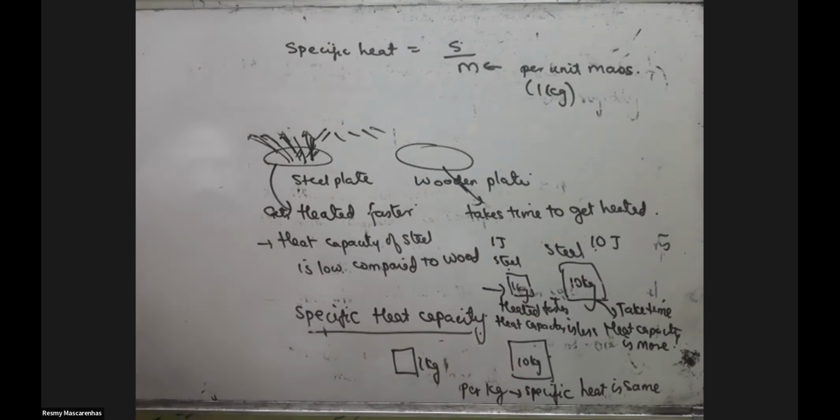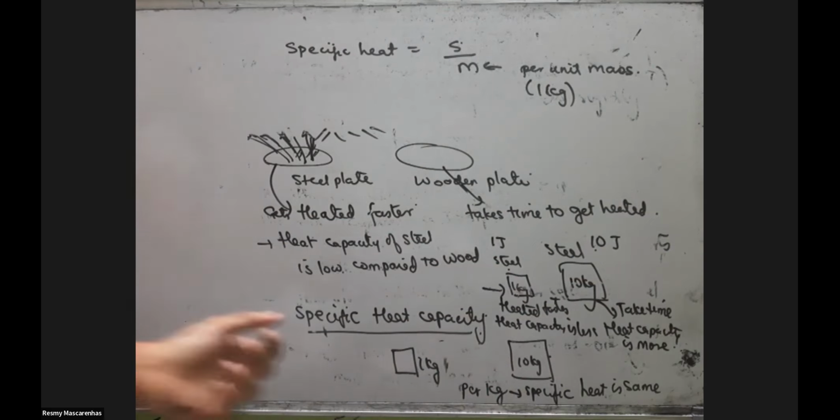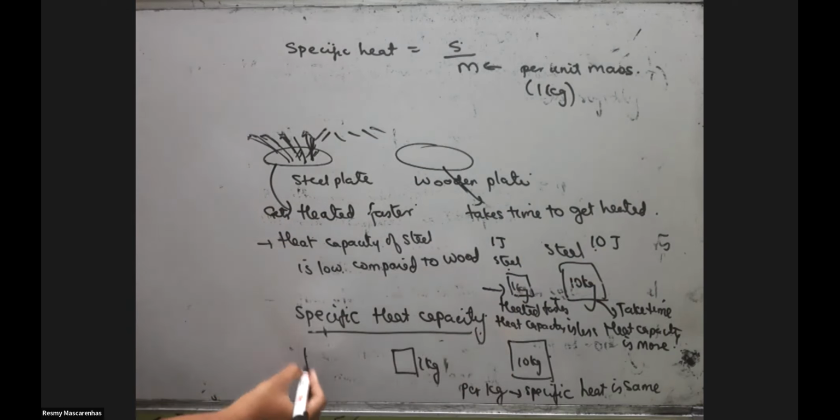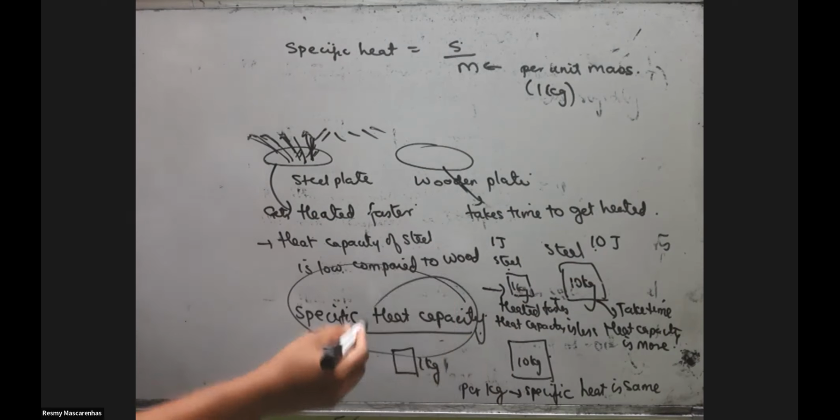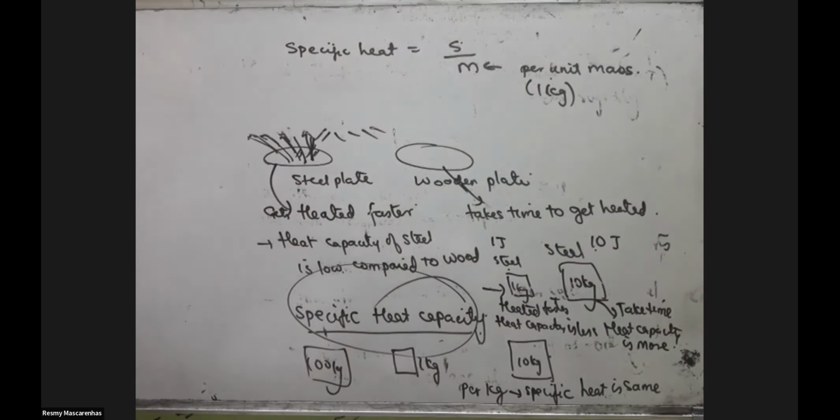But specific heat capacity talks about how much you need per kg. So whether it is a 1 kg block, 10 kg block or 100 kg block, it doesn't matter. Specific heat talks in terms of per unit mass or per kg. So here this whole block will need 1 joule.